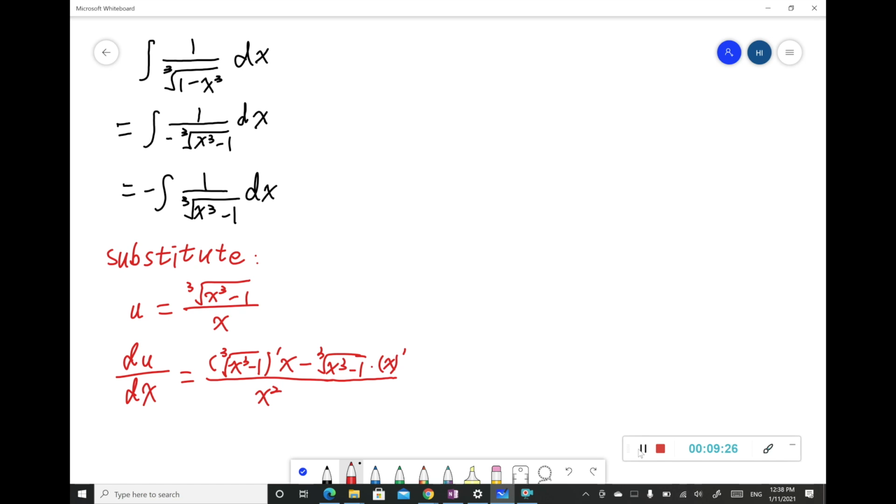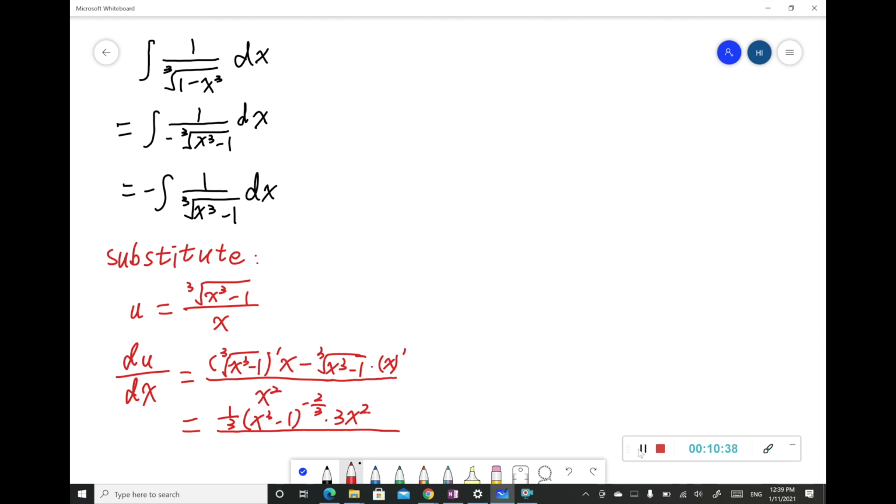Then we could calculate it out. So for the first item, the differential of it will be 1/3 times x cubic minus 1 to the negative 2 divided by 3, times 3 x squared.